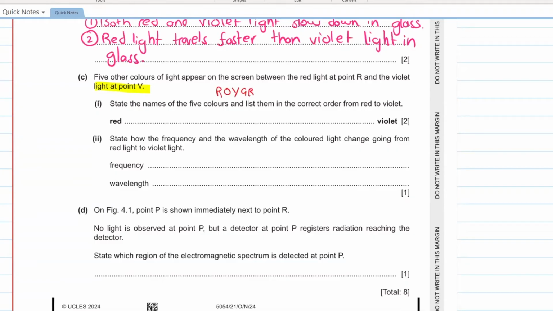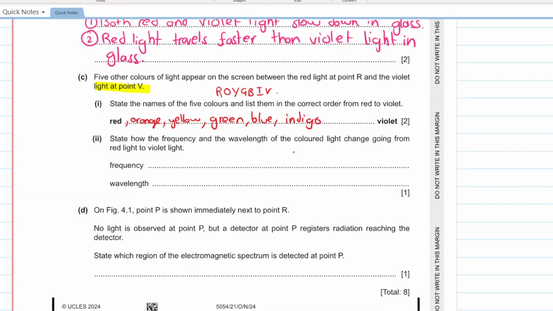ROYGBIV. What is after red? Orange. After orange, we have yellow. You can also put in commas here just to show that they are different things. Green, then blue, then indigo, and then violet. Have I missed anything? No, I have covered every color.